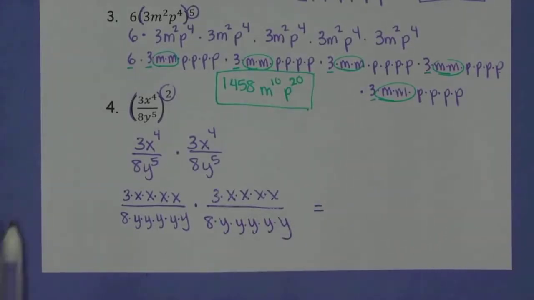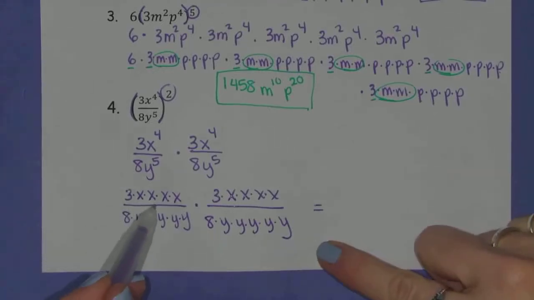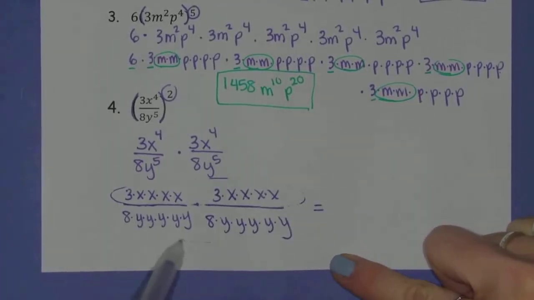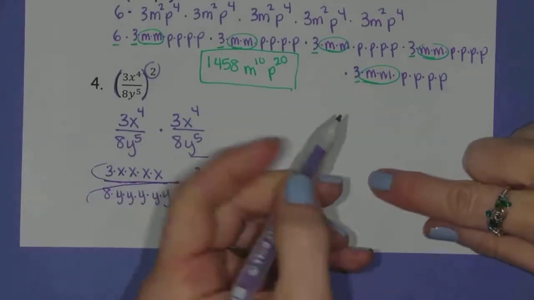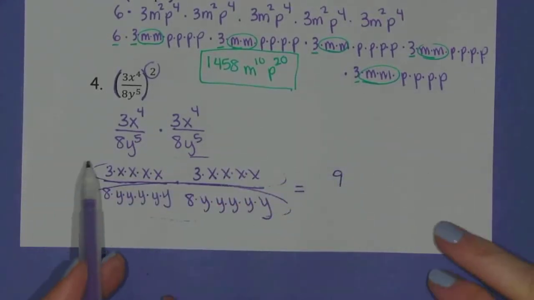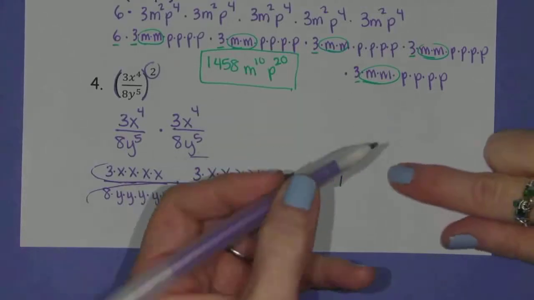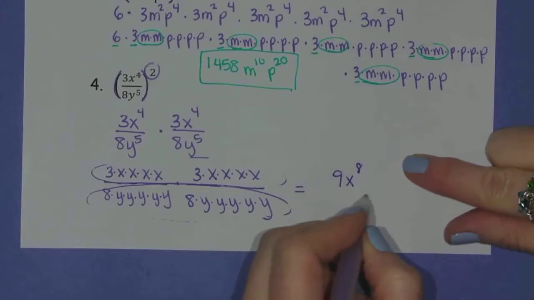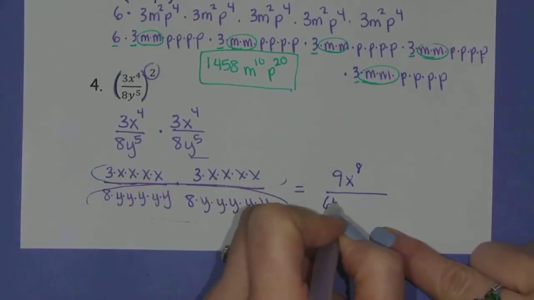Here we go. Go straight across the top, because when you multiply fractions, you do top times top, bottom times bottom. Okay? So here we go. 3 times 3 is 9. Count your x's. 1, 2, 3, 4, 5, 6, 7, 8. So 9x to the 8th over 8 times 8, that's 64.